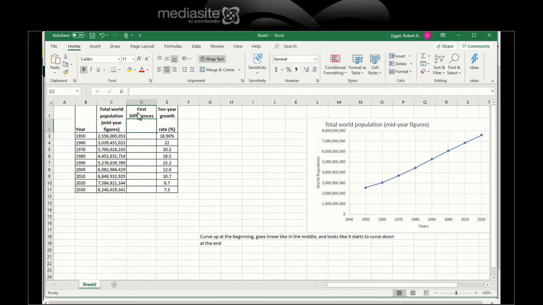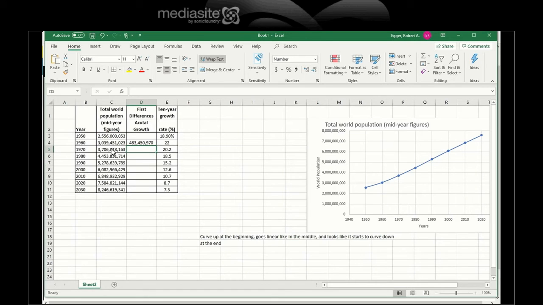Differences actual growth. And that is just going to be current decade minus previous decade. So all we're going to do is look at where I am minus where I was. Okay.